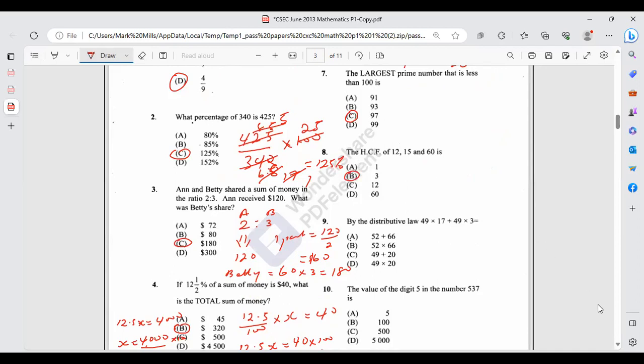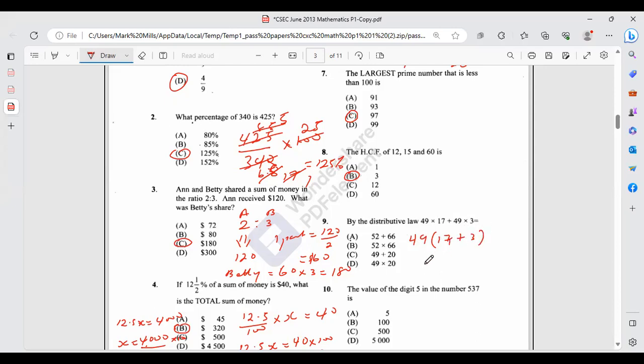Number 9. By the distributive law, 49 times 17 plus 49 times 3. How will I write this one here? So you take the common factor, which is 49, and then you add the 17 plus 3, which is 20.